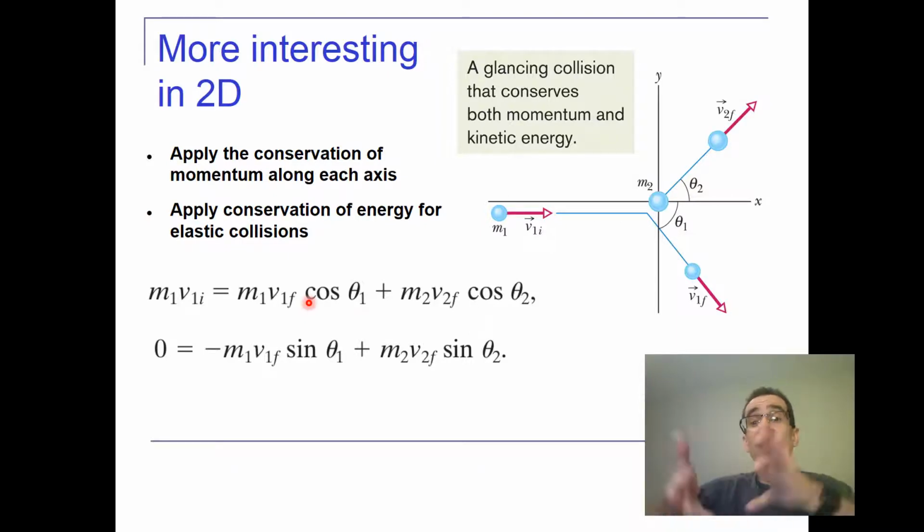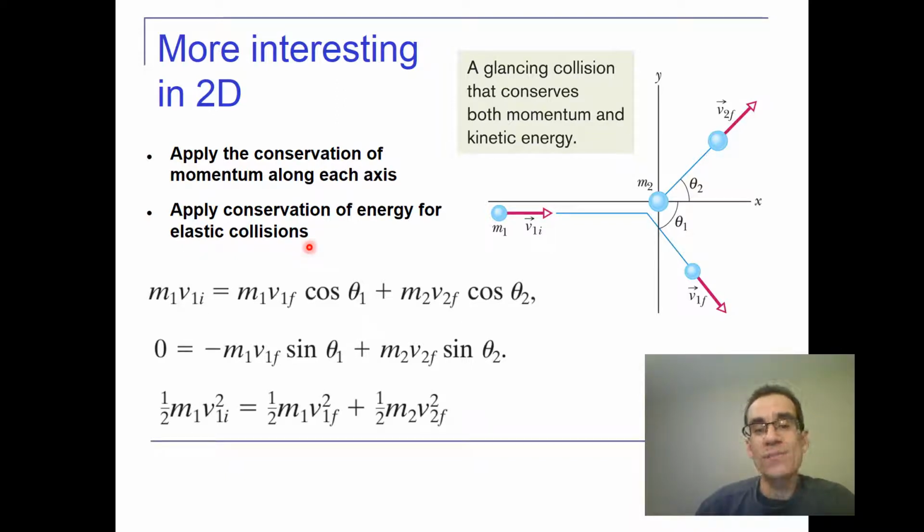Now, if in addition to this, you can say that the energy is conserved, that the collision is elastic, you get one more equation. It would be the equation for conservation of mechanical energy. Look at that. The initial kinetic energy, half of m1 v1i squared, equal to the sum of the kinetic energies of the other 2 particles.